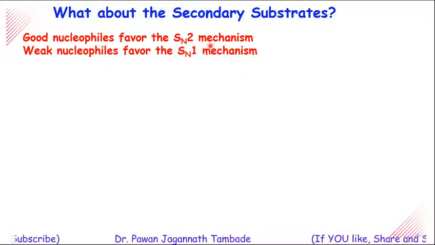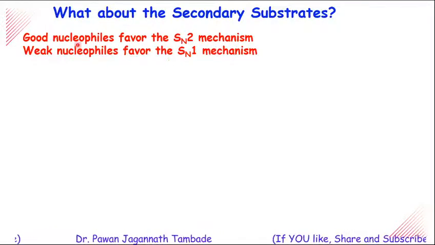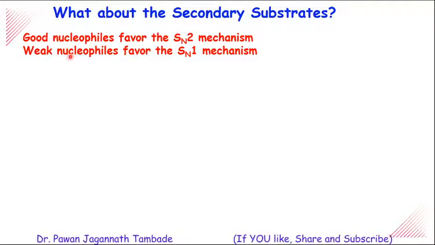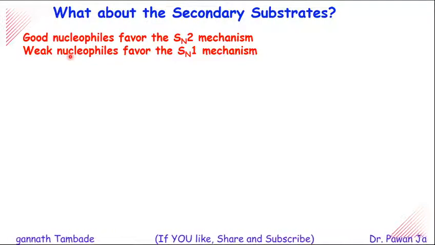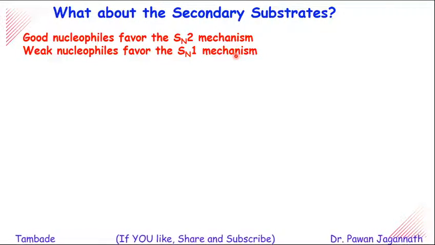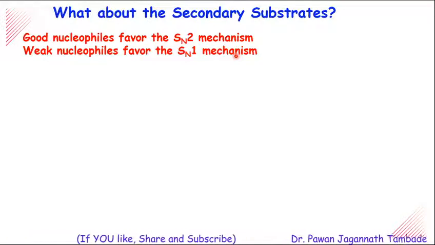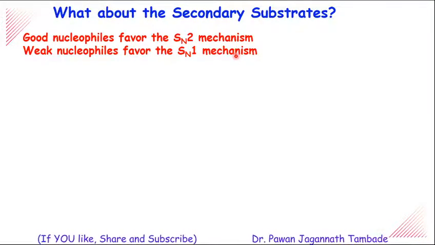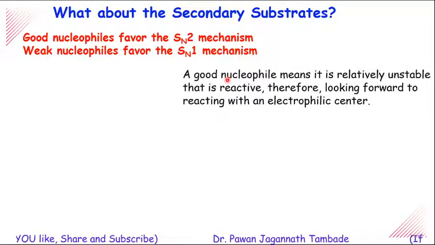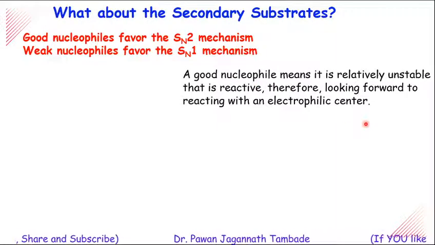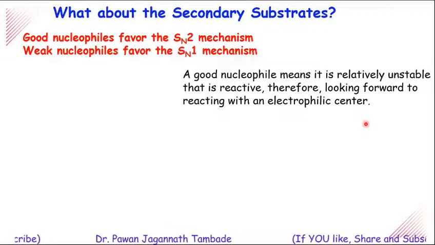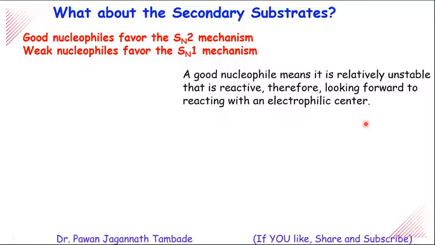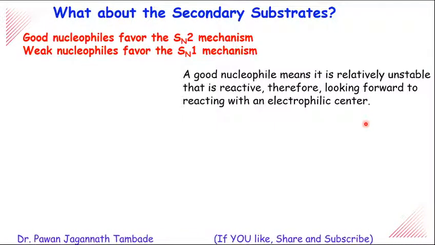So in case of secondary substrates, nucleophile plays a very important role. Whether a nucleophile is strong or weak, it determines whether the reaction is going to proceed through SN1 path or SN2 path. A good nucleophile means it is relatively unstable, that is reactive, therefore looking forward to react with an electrophilic center.